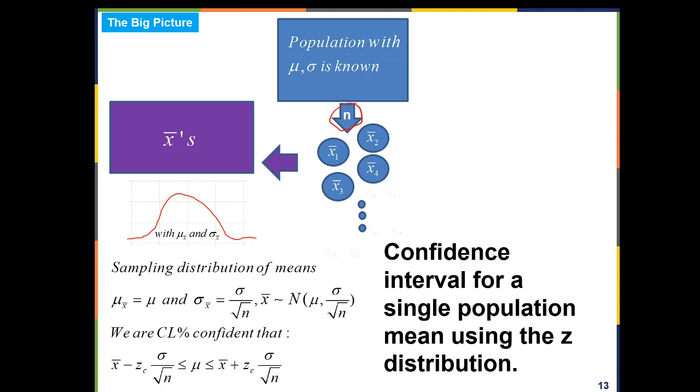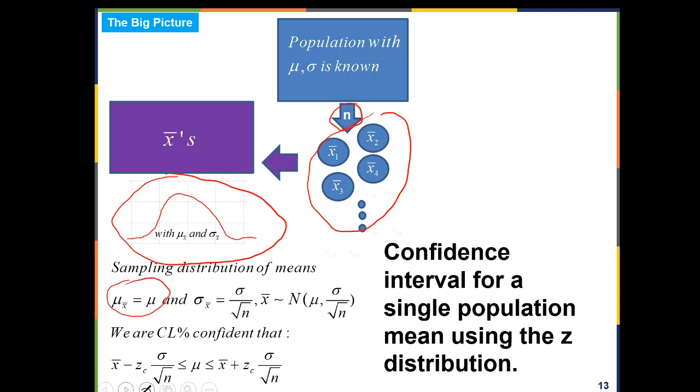Now we assume that if we keep doing this, then these X bars make a distribution that is approximately normally distributed, with the mean equal to the mean of the population, and the standard deviation of the population divided by square root of n.